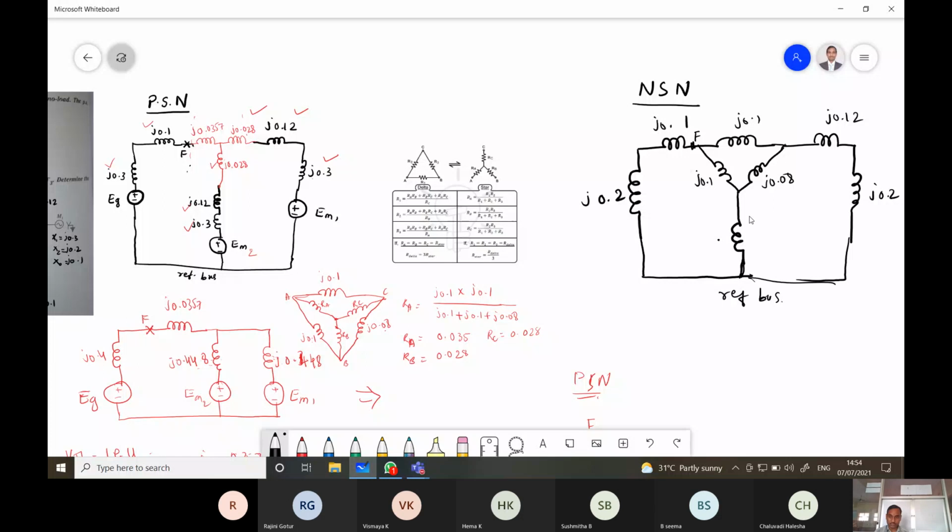So here another reactance, the two reactances will come, J0.12 and J0.2. Correct?